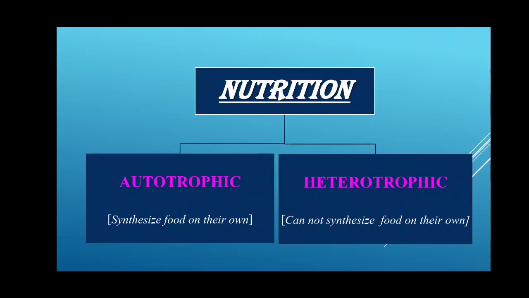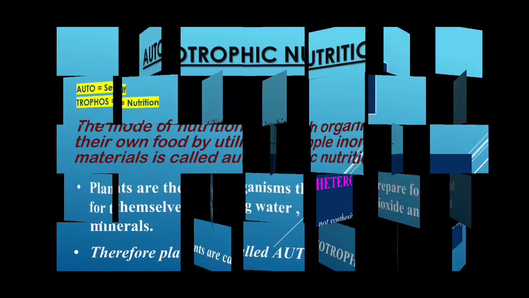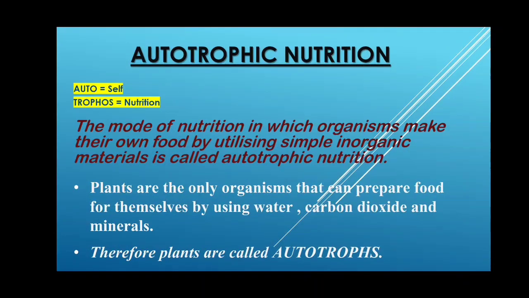So, the mode of nutrition in which any organism depends on others for their nutrition is known as heterotrophic mode of nutrition. So, autotrophic mode is where organisms can synthesize food on their own, while heterotrophic mode is where organisms cannot synthesize food on their own.